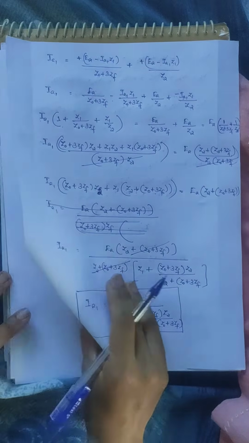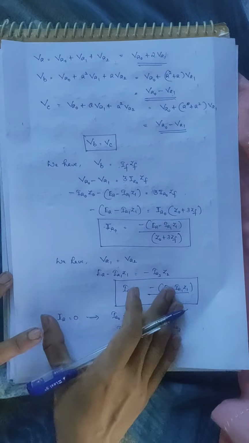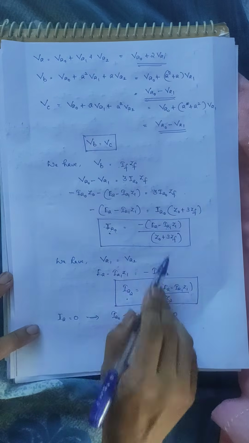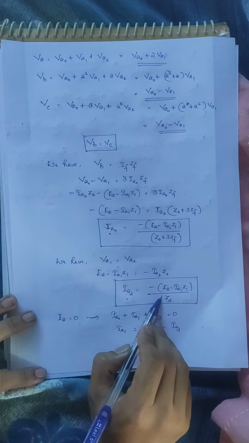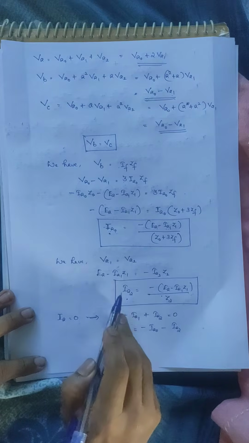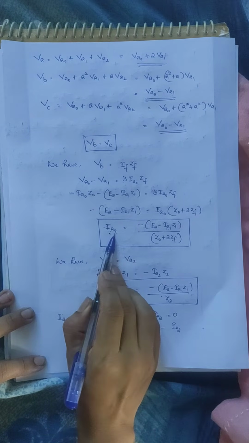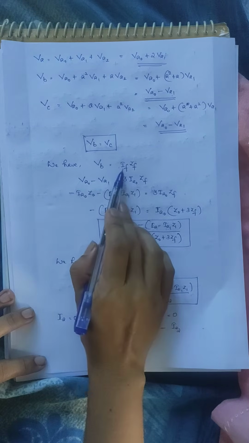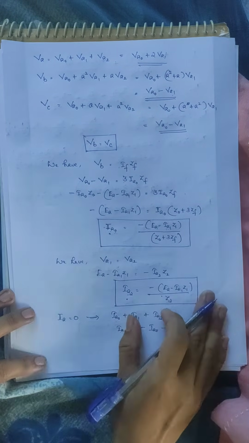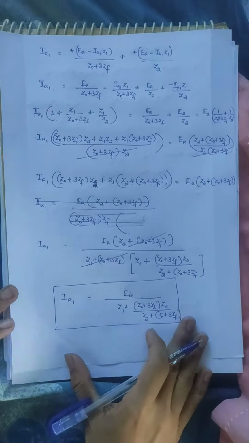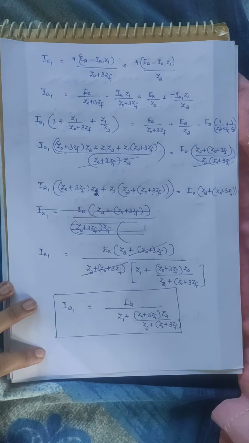We already have derived the expression for IA0 and IA2 in terms of IA1. So after getting IA1, we can calculate IA0 and IA2, and then fault current IF will be equal to 3 times IA0.